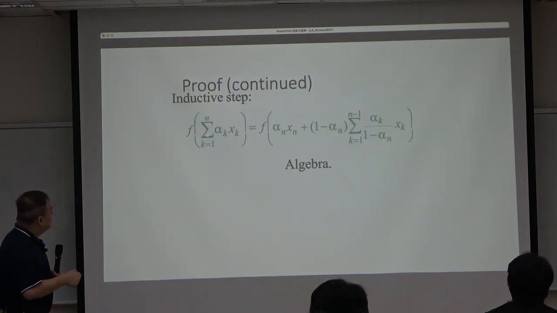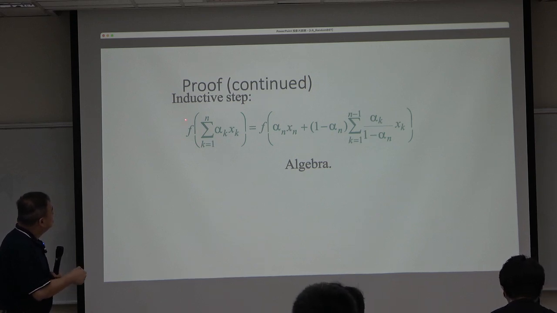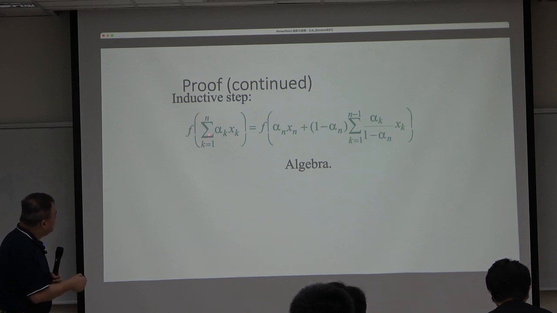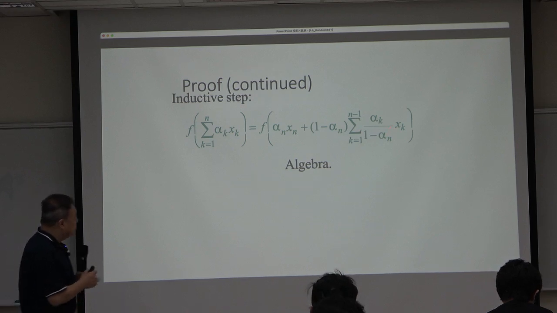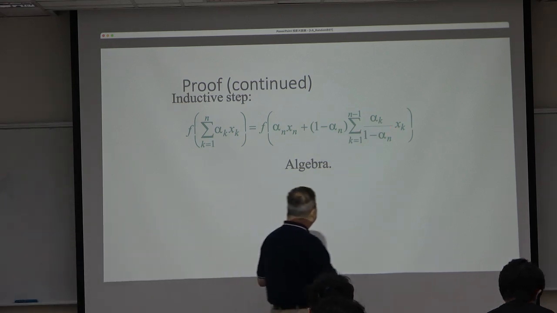Let's do the induction step. If we have the sum from 1 to n of alpha k xk, we can get the last term out here, and the rest of the terms, from the first term to the n minus 1 term, stay here. But with a twist. What do we mean by a twist?